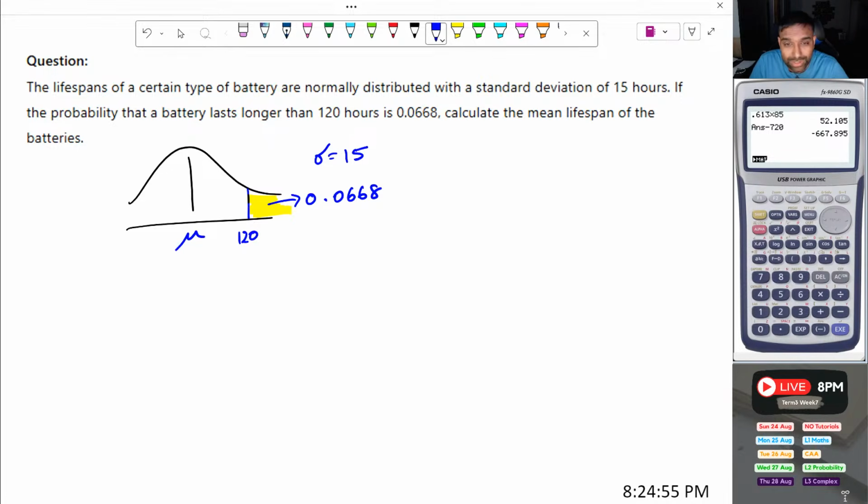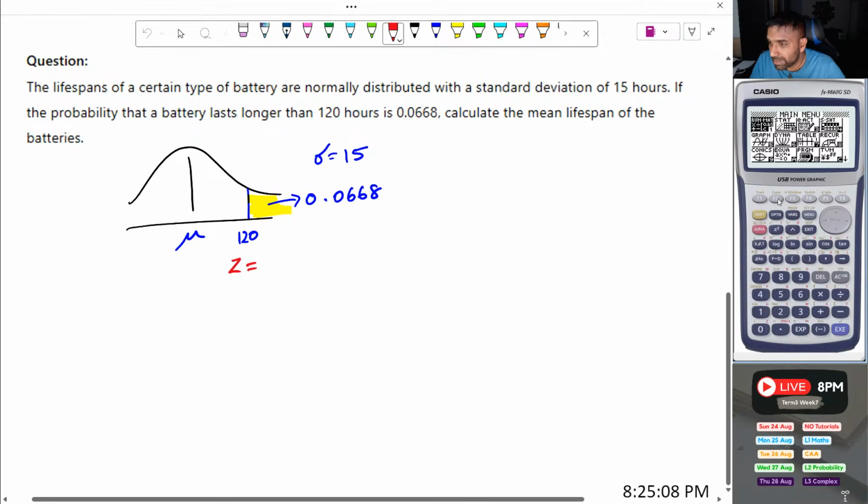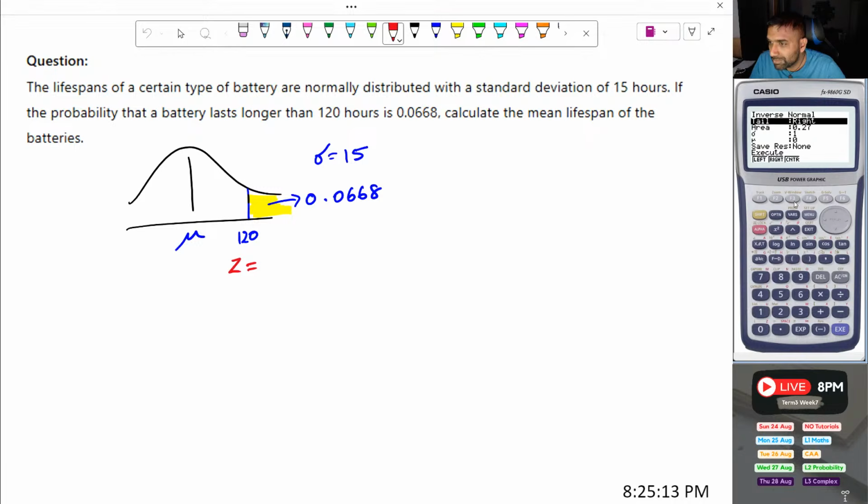All right, let's do this one. We've got to figure out what the Z value is first, so we want to work out what the 0.0668 translates into. I'm going to go into menu, then stat mode, distributions, normal, inverse, on the right side, and the probability is 0.0668.